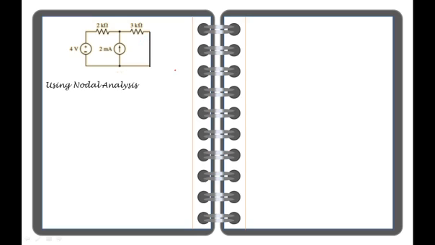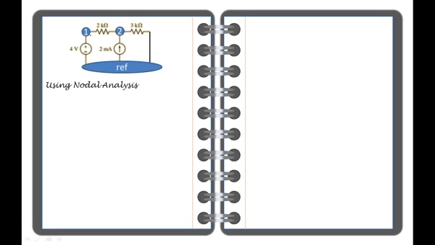So using nodal analysis, and for those who don't know how to use nodal, you may view my video about nodal analysis. In the nodal analysis, we have 3 nodes. The third node will become our reference node.